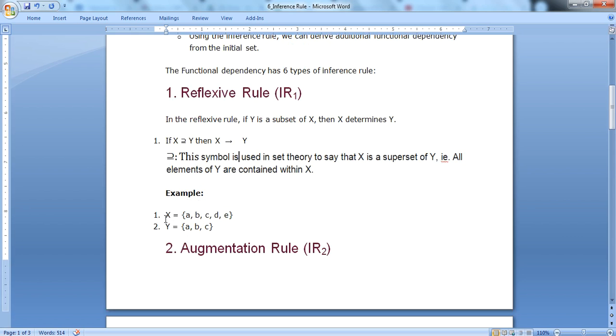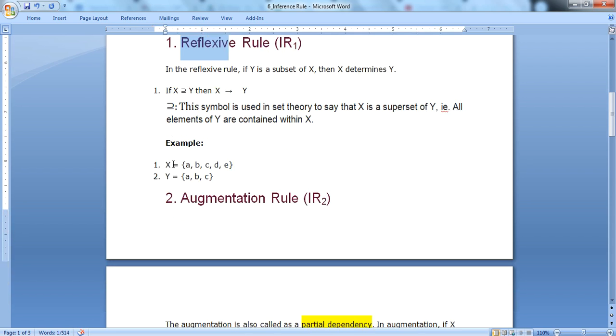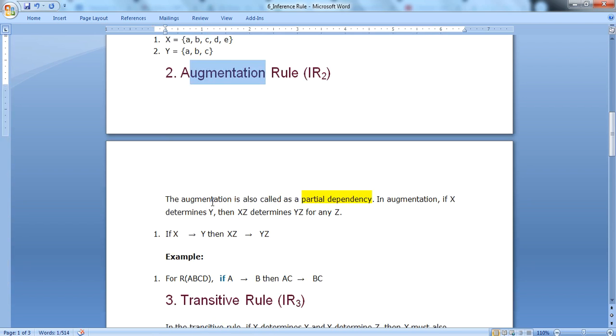Now the example: X is ABCDE and Y is ABC, meaning Y is a subset of X. Then we can say that the reflexive rule is satisfied. Then the augmentation rule. Augmentation is also called the partial dependency.